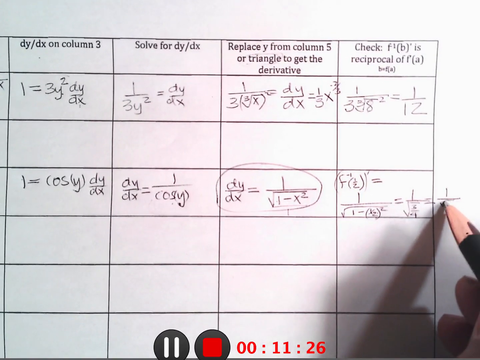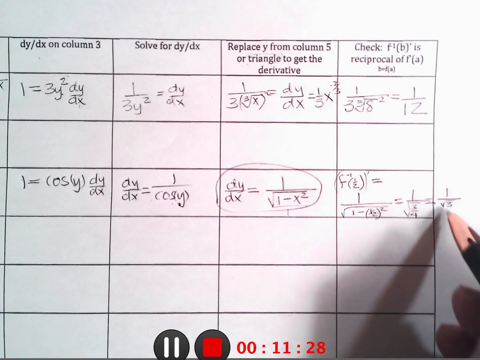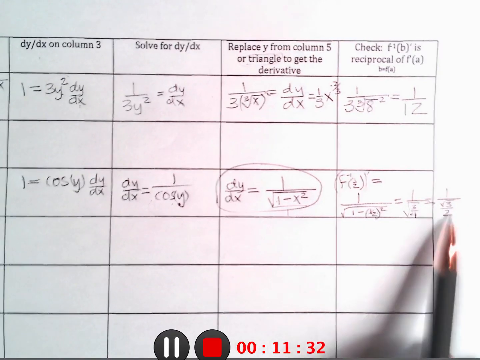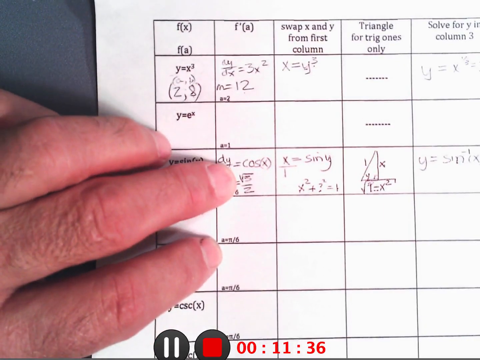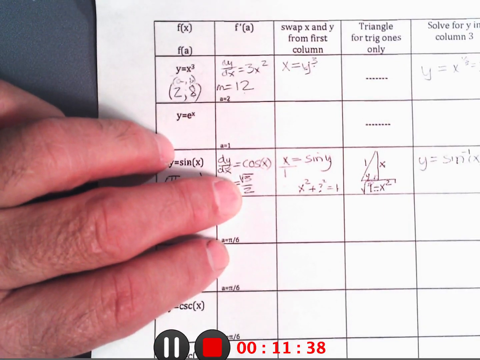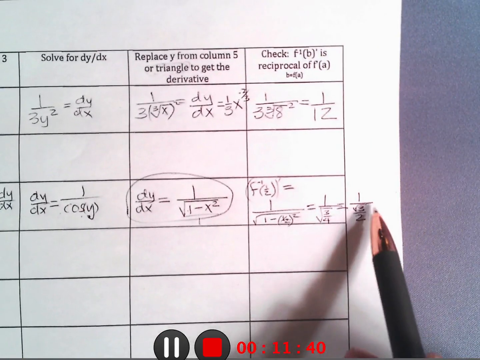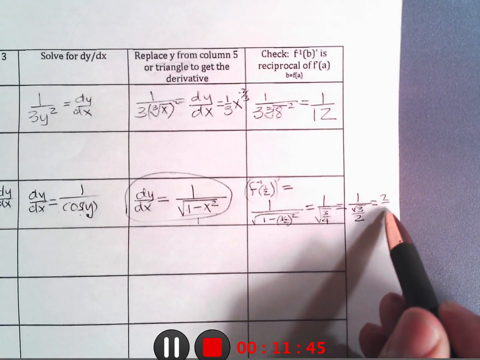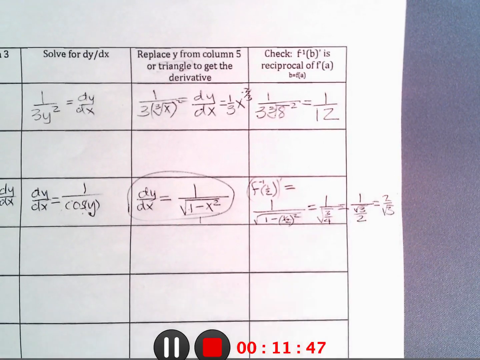The square root of 4 is 2. That is the reciprocal. 1 over the square root of 3 over 2 is the reciprocal of square root of 3 over 2. It's also 2 over the square root of 3 if you want to carry it a little further. Multiply numerator and denominator by the reciprocal.